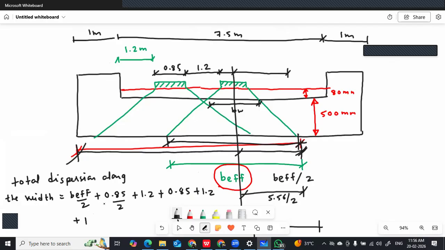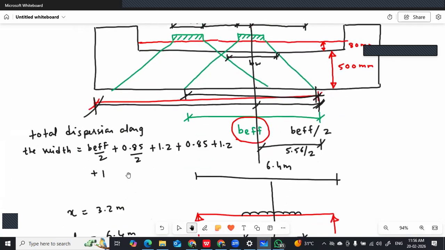Okay. So total dispersion along the width, can anyone calculate and tell me the value? What is this value? Total dispersion along the width.